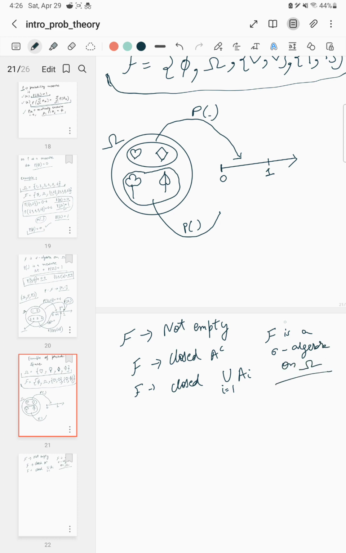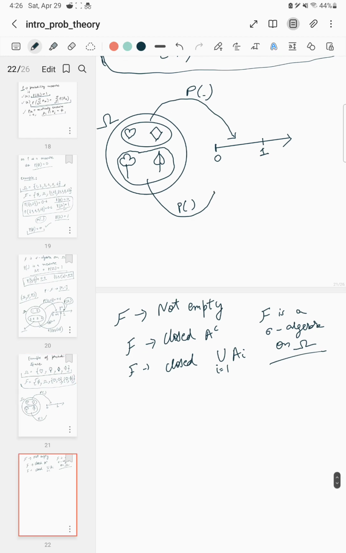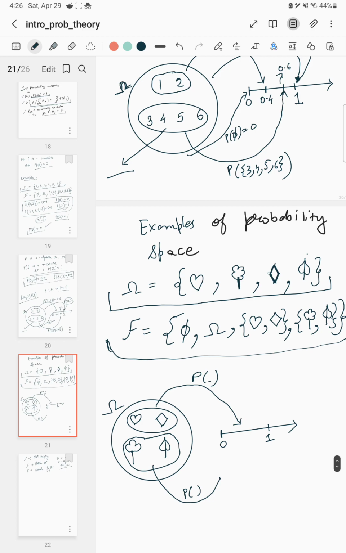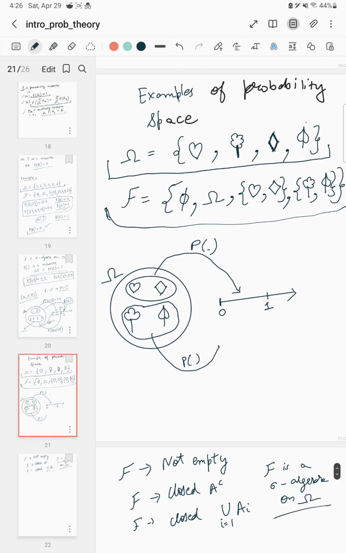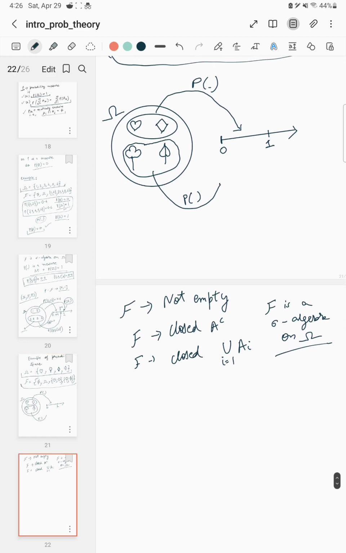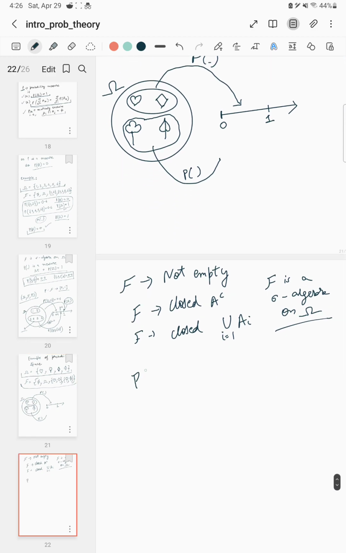Since F is a valid sigma algebra, we can continue. Now this is a fair experiment, so the probability of drawing a card is equal for all. But the probability of getting a heart is not defined, because heart is not present as a set in the sigma algebra, so we cannot just directly define it as 0.25, which would be incorrect.